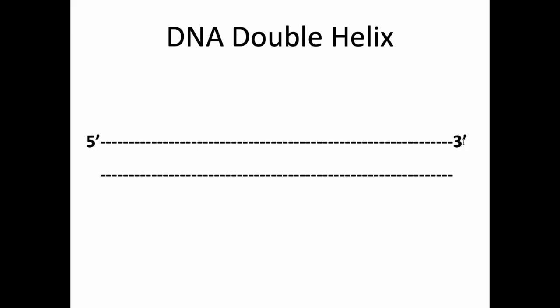Because the 2 strands are always anti-parallel to one another, the bottom strand would be labeled like this: 3' on the left, 5' on the right. Again, get comfortable with 5', 3', and get comfortable with the idea of them running in opposite directions.